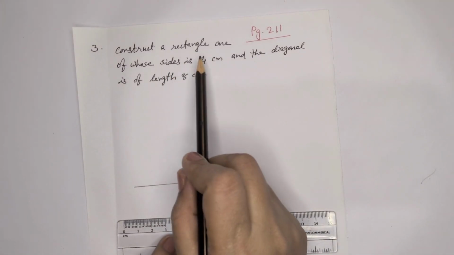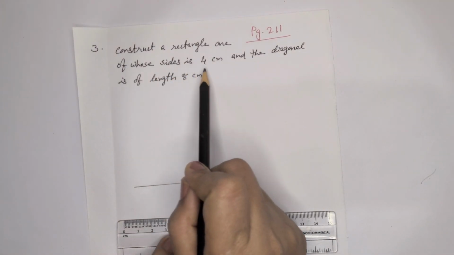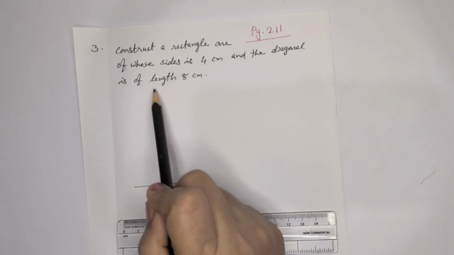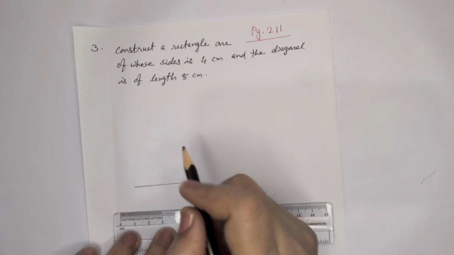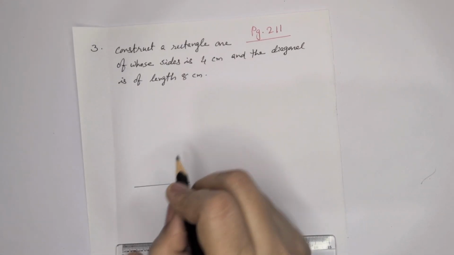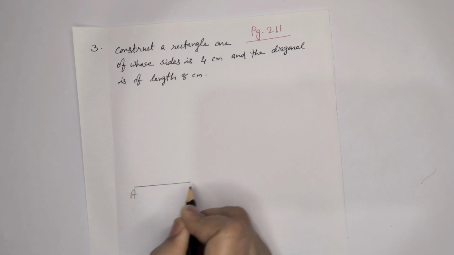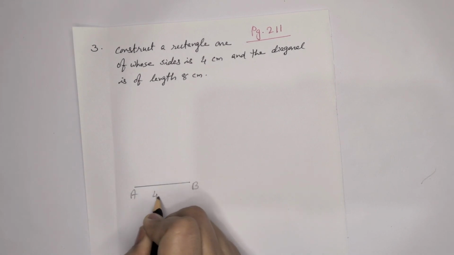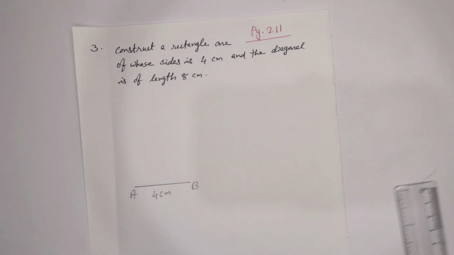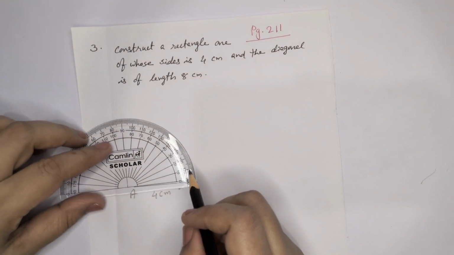Third question: construct a rectangle, one of whose sides is 4 centimeter and the diagonal of length 8 centimeter. For that, first we have to draw the line segment AB, that is 4 centimeter, and using the protractor, angle A and B 90 degree.